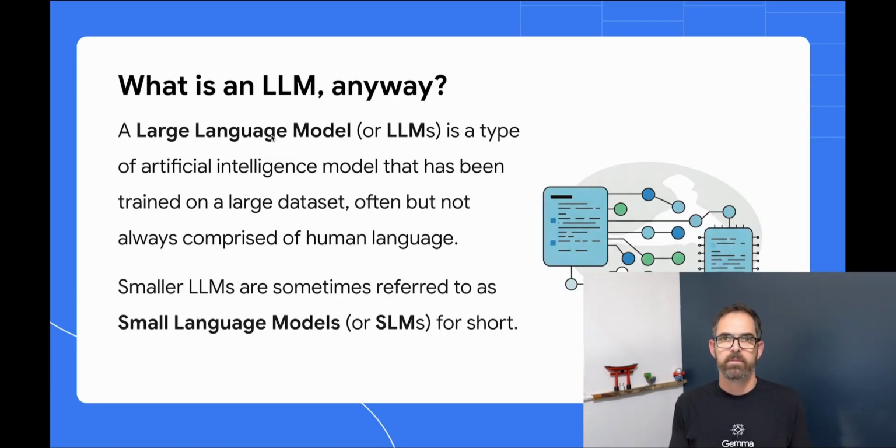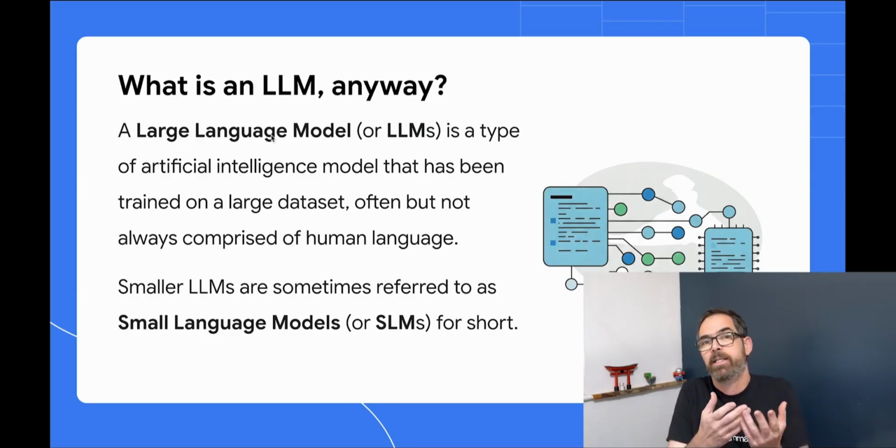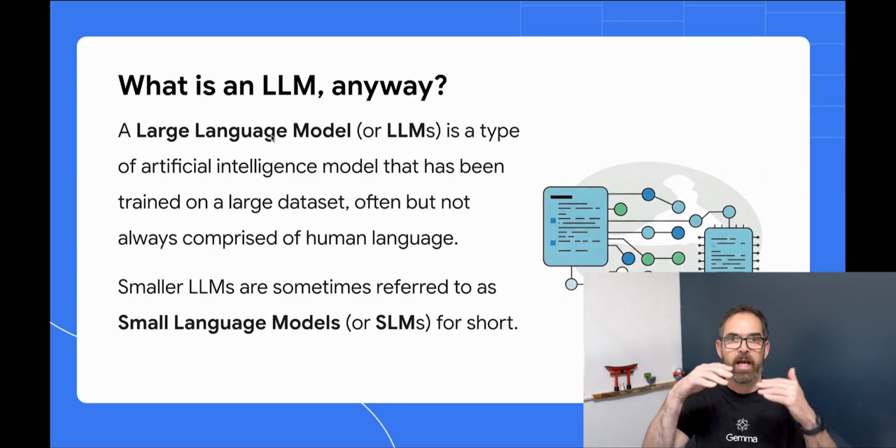So what is an LLM? LLM is a large language model, and in the name, we already have all the clues that we need. It's a large thing, which means it was trained on a huge amount of information. It's a language model, which means we could expect that it does something with language. And model, well, that means that it's a machine learning model, an AI model.